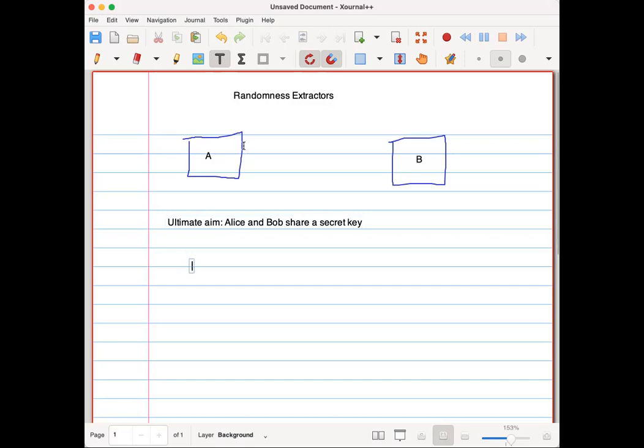So what Alice and Bob share initially is this, which I'll call X. Alice and Bob share X, which is partially secret from everybody else. We'll call that the environment.